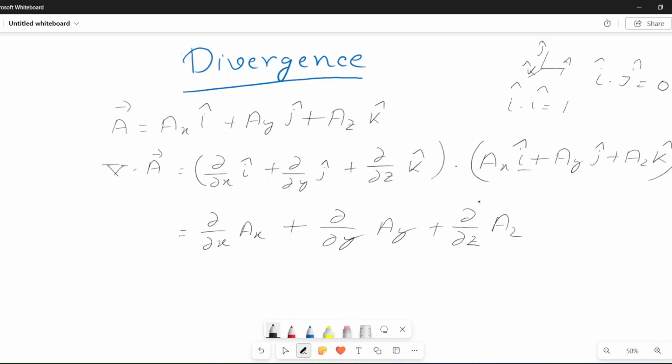So we have defined the divergence of a vector in that manner.